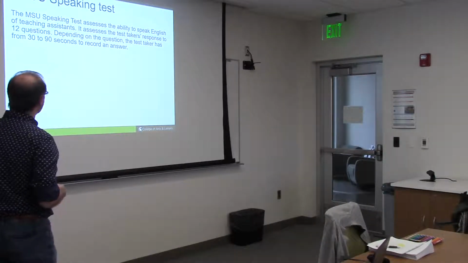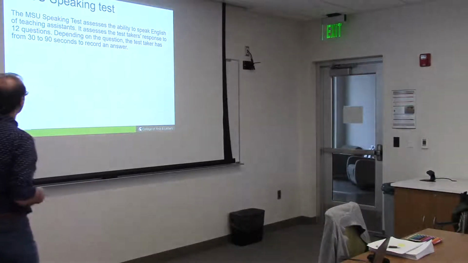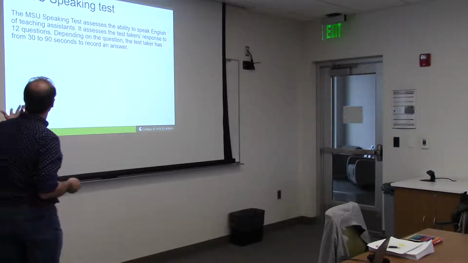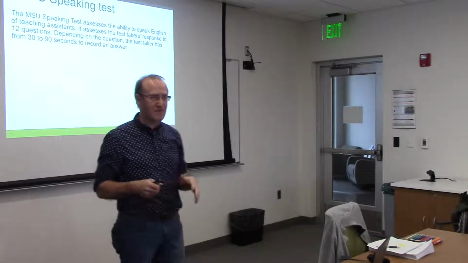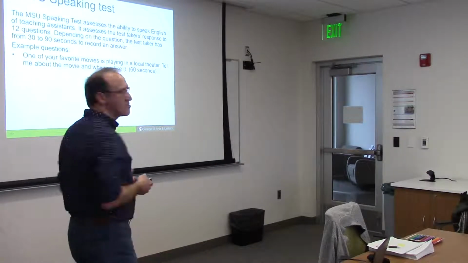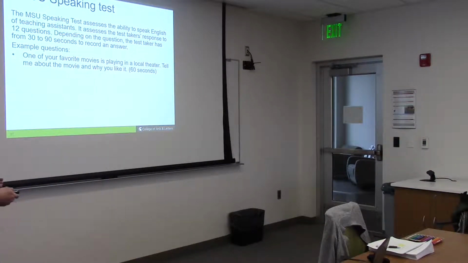What they have is 12 questions. Depending on the question, the test taker has from 30 to 90 seconds to record an answer. So you record the performance, and these are the example questions. One of your favorite movies is playing in a local theater.